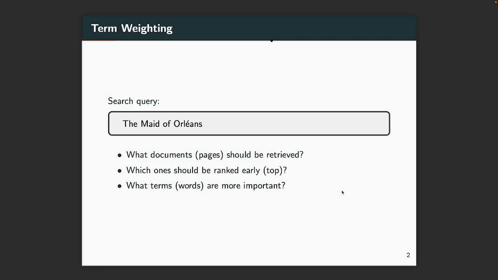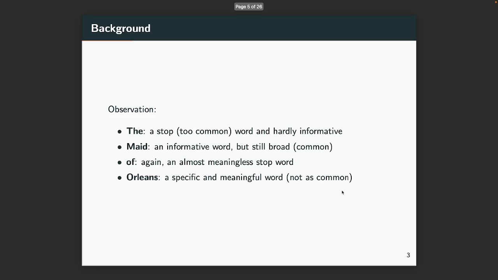Probably not, right? So if you understand that there is this question about how much score you should give to each word, then you may be able to focus on which terms matter most in the documents that you find, and then rank them accordingly. So term weighting, or how much score or weight you assign to each term, is very important when you try to do this information retrieval and ranking.